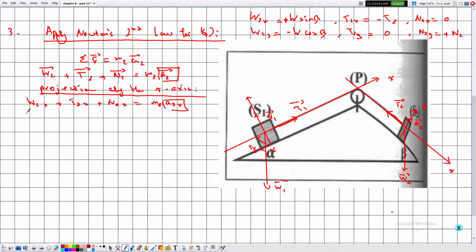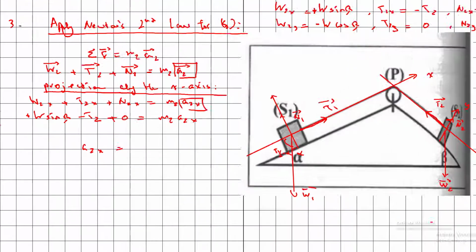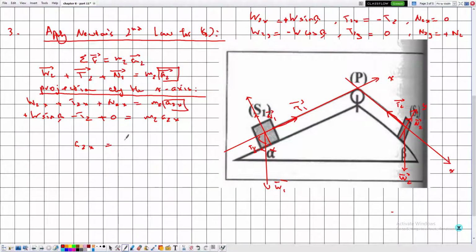W2x is simply given by plus W sine beta. T2x is minus T2, N2x is 0, and this is equal to M2 A2x. So A2x is equal to, now if W is replaced by M multiplied by g, M2 g sine beta minus T2, divided by M2.